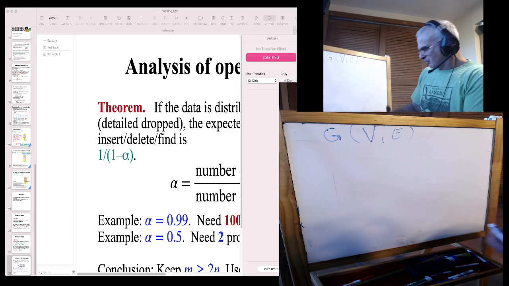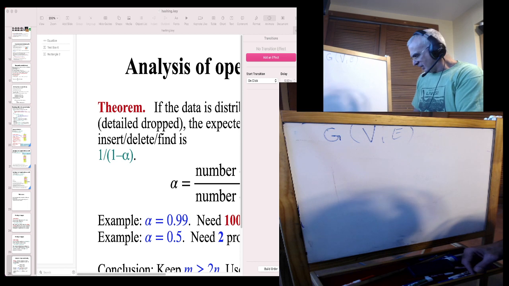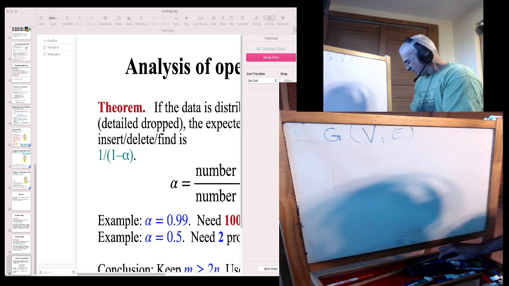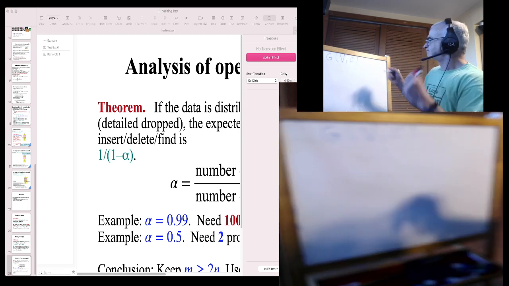We called it a possibly directed, possibly undirected graph.